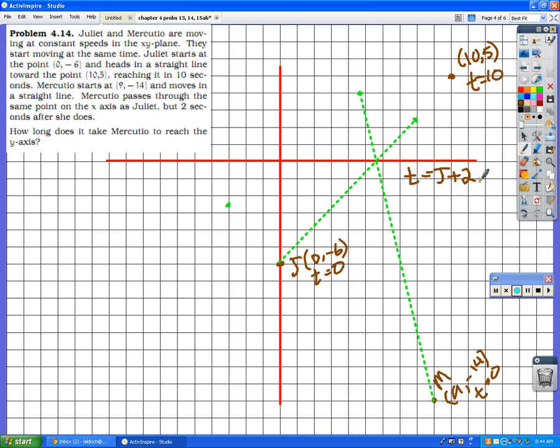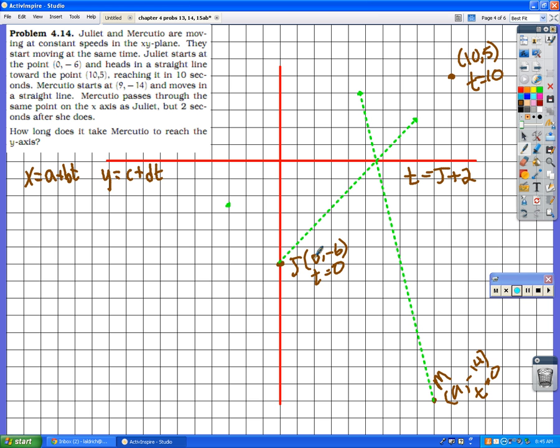Okay. What do you want to do first? Figure out Juliet's parametric equations? Okay. So, do you understand, without us doing the math, that if Juliet starts at 0, -6, in these two general forms of the parametric equations, what they're saying is that A is 0 and C is -6?